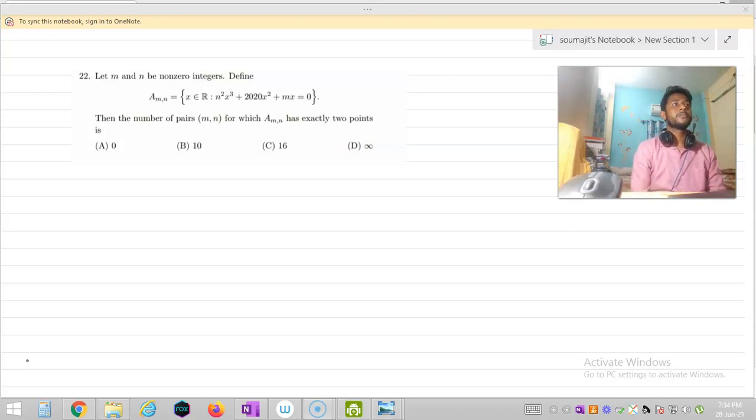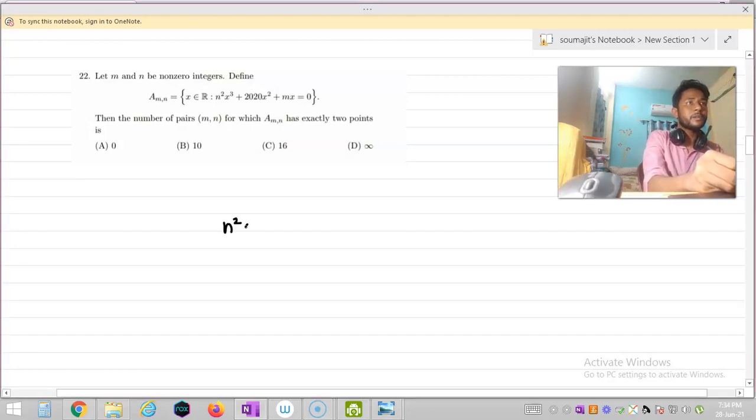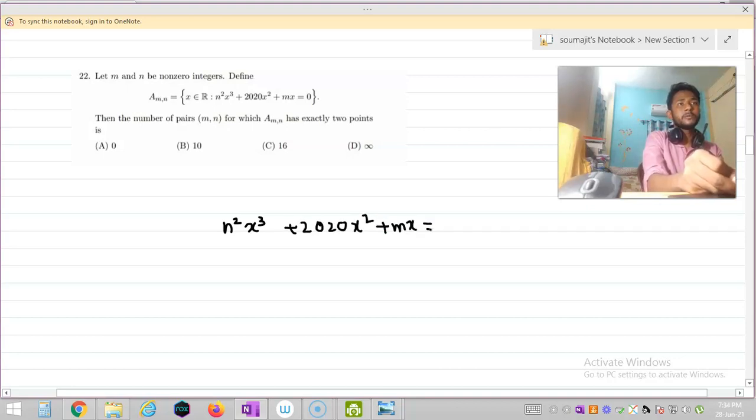So we have to find out the number of ordered pairs (m, n). Now observe this cubic equation: n square x cube plus 2020 x square plus mx is equal to 0. You can see that x equal to 0 is always a solution of this equation.